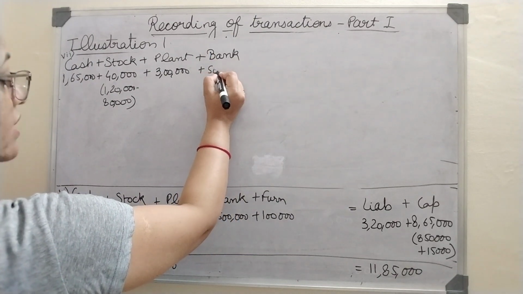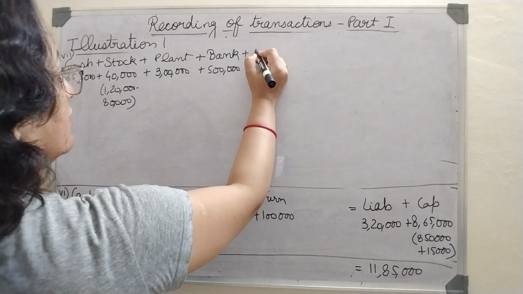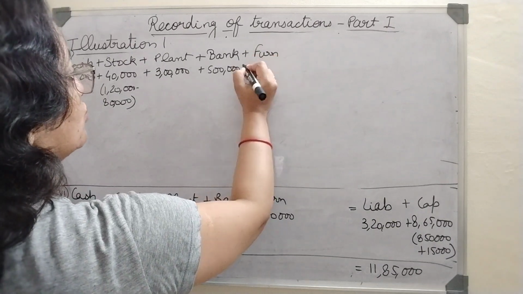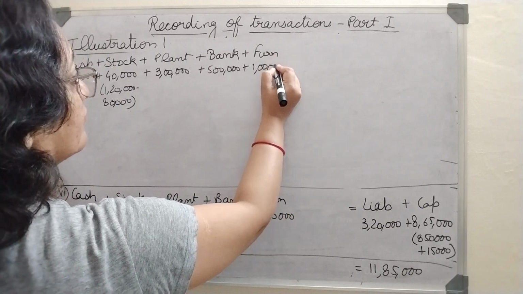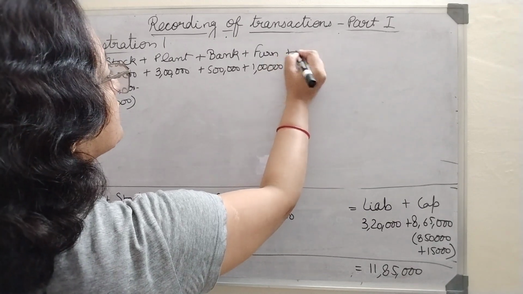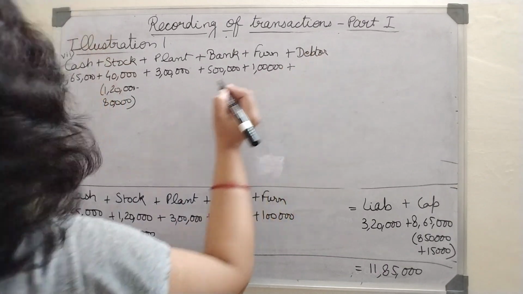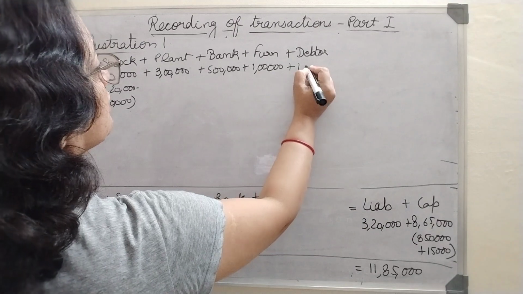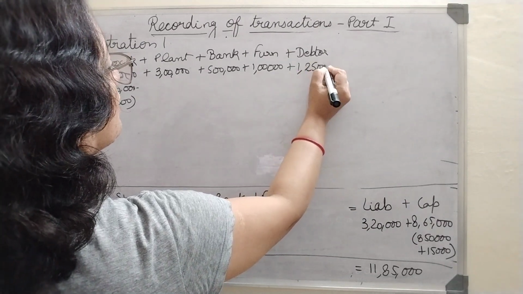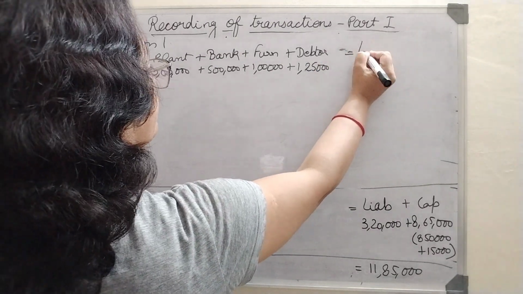In this also we are having the profit. I hope everyone has observed. We are again earning profit. Less amount of goods were sold for a higher amount, right? Plus now what is added? Debtor. How much amount of debtor? 1,25,000. And how much is the profit I am getting?